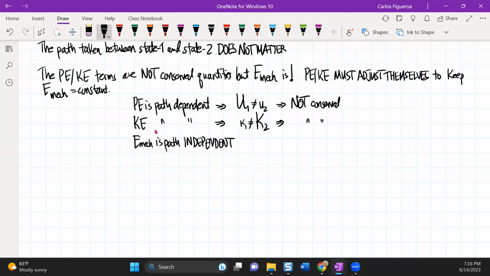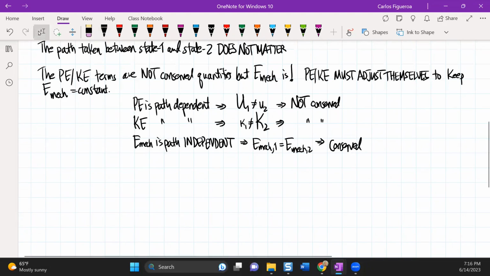And as a consequence, these energies must equal each other. And therefore, this is what we call a conserved quantity.